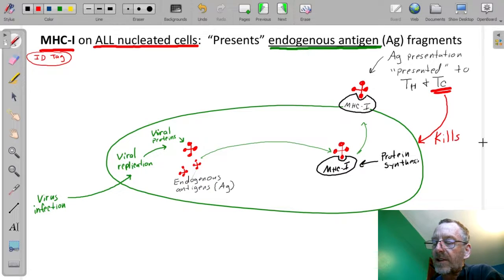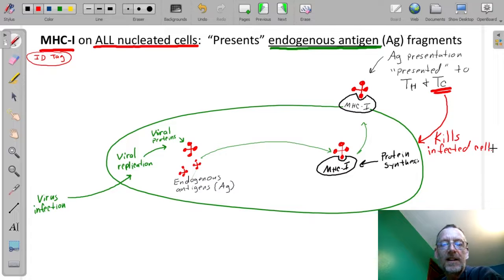It destroys, it lyses the infected body cell. Yes, we kill the cell, but we also kill the viral replication factory going on inside it. So the cell is killed, and we start to eliminate virus production inside the body.